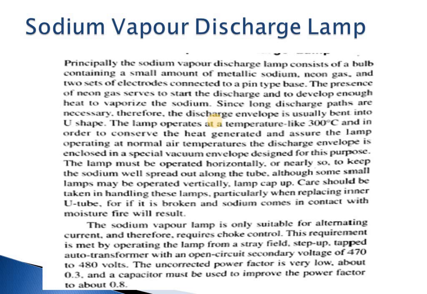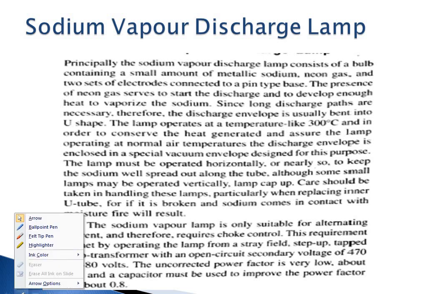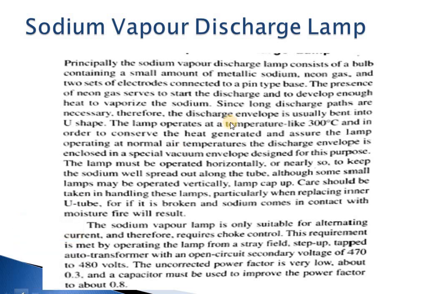Principally the sodium vapor discharge lamp consists of a bulb containing a small amount of metallic sodium and neon gas, and two sets of electrodes connected to a pin type base.